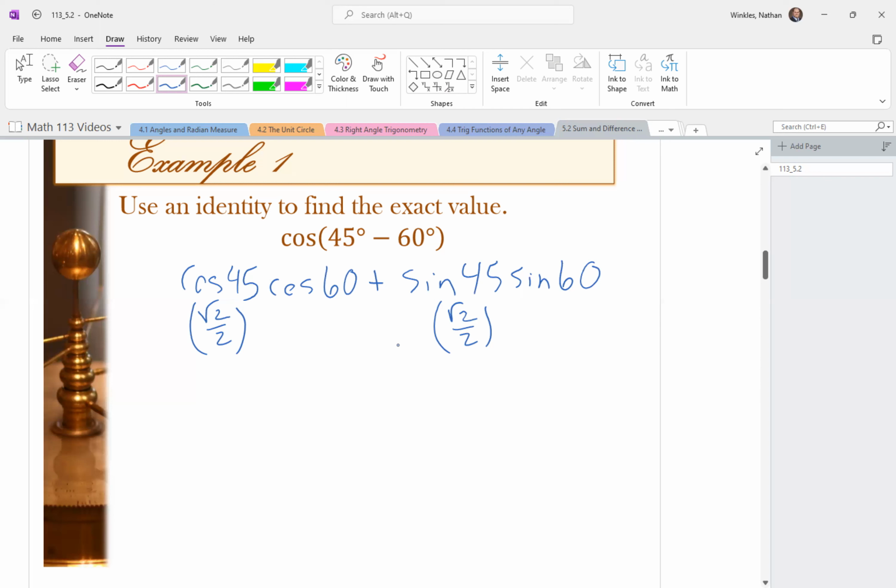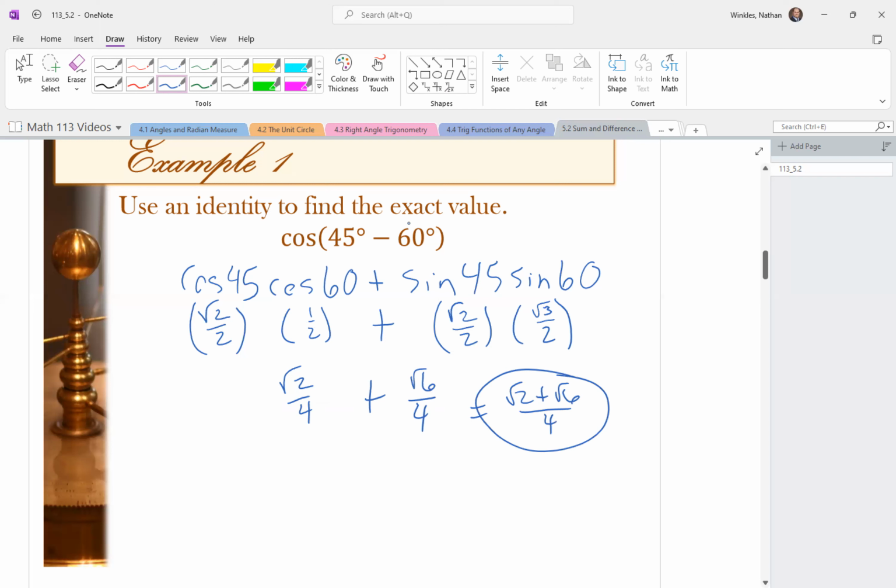Cosine of 60 degrees is going to be 1/2. Sine of 60 degrees is going to be square root of 3 over 2. So we end up with square root of 2 over 4 plus square root of 6 over 4. And we could rewrite this as root 2 plus root 6 all over 4 if we really wanted to. Since it says find an exact value, we do not want a decimal. We do not want any approximations. We want to leave it just like that.